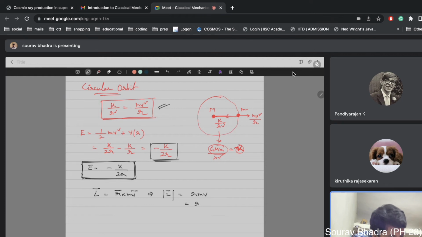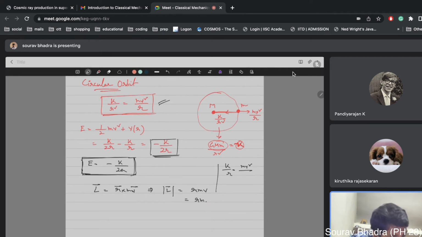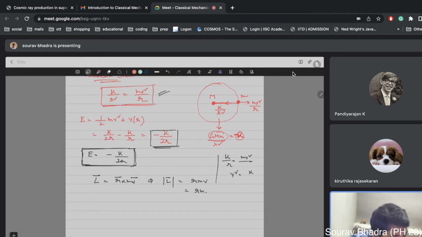So r m and v will be k r by m, I think. Let me check: k by r square is equal to mv square by r, from that first equation. So v square is equal to k by r m. Yes, so your v will be root over k by m r. Now if you do it, you will get root over k m r.